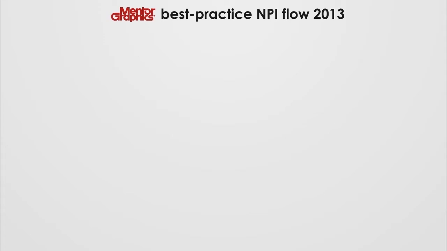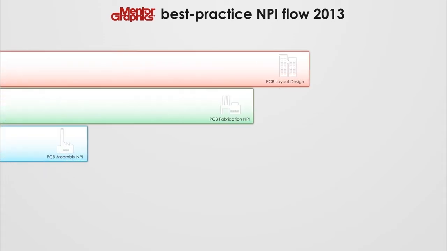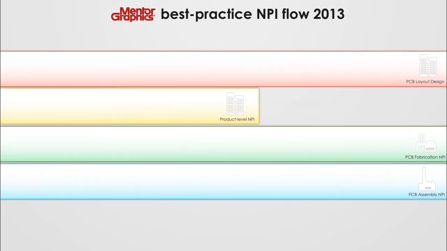By contrast, here is a more integrated NPI process. In fact, Mentor's recommended best practice NPI flow until today. Key aspects of our recommended NPI flow are the left shifting of DFM analysis rules to a unified product-level NPI function in the design organization, running concurrently with the PCB design operations.